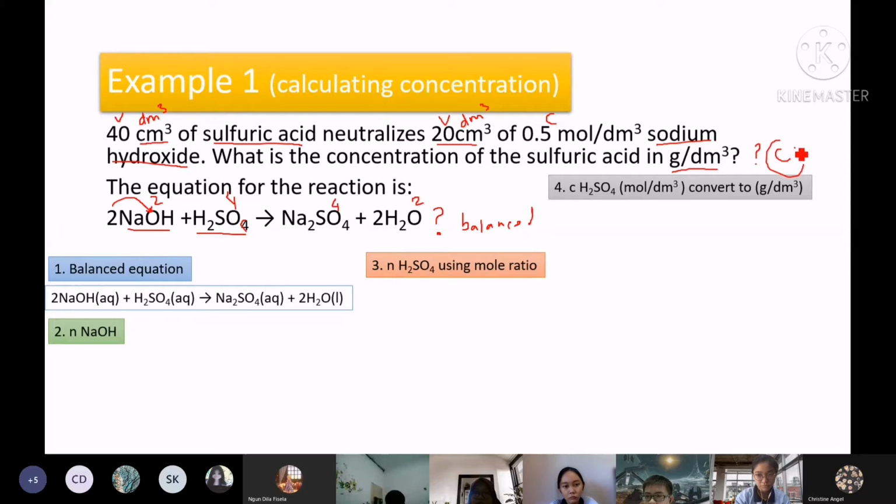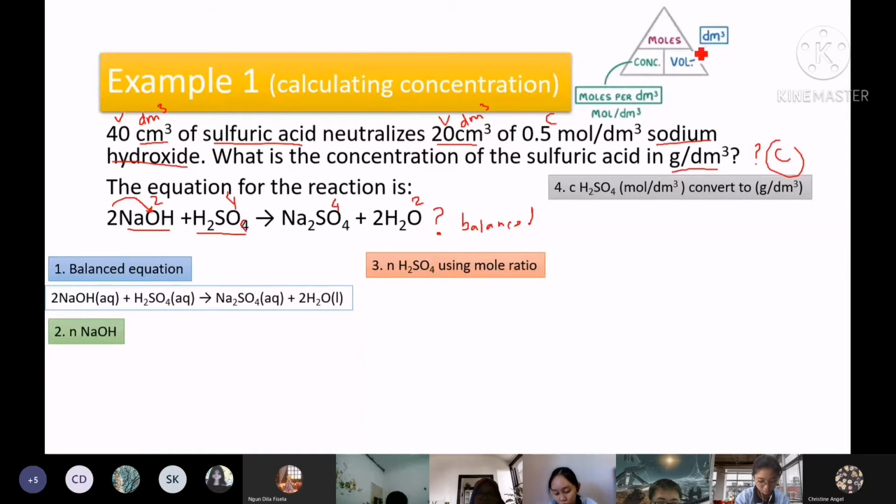Remember the simple triangle that shows calculations involving concentration, mole and volume, because we have volume. We already have the volume, and we can solve this problem using these equations.